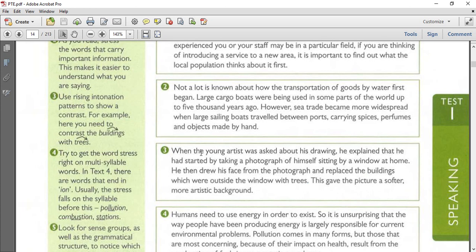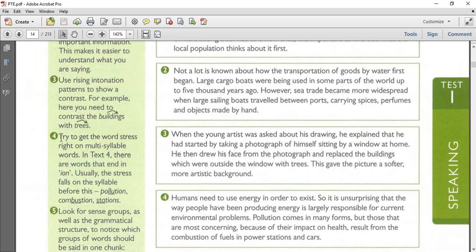When the young artist was asked about his drawing, he explained that he had started by taking a photograph of himself sitting by a window at home. He then drew his face from a photograph and replaced the buildings which were outside of the window with trees. This gave a picture of softer, more artistic background. I think it would be better.